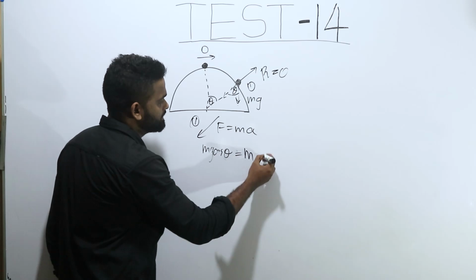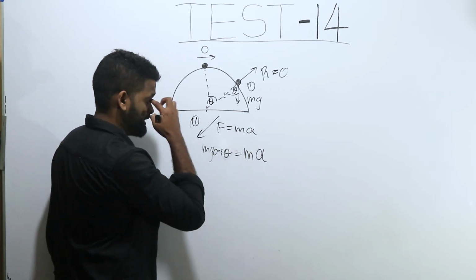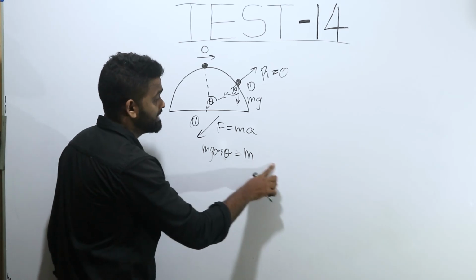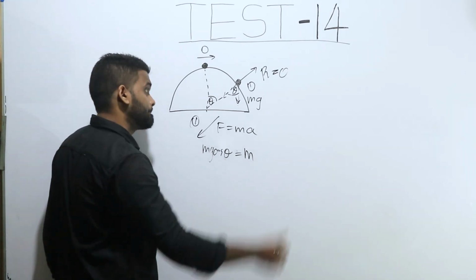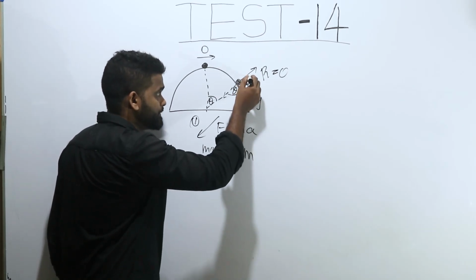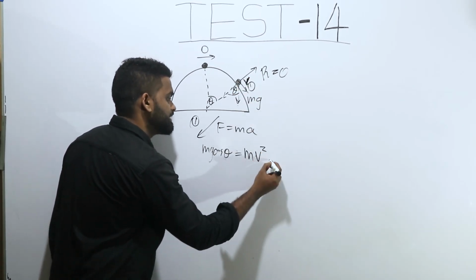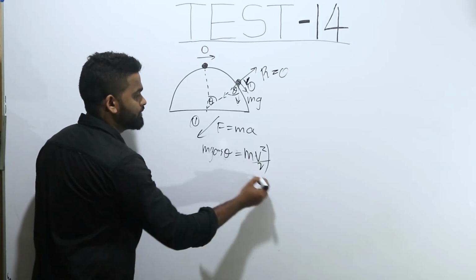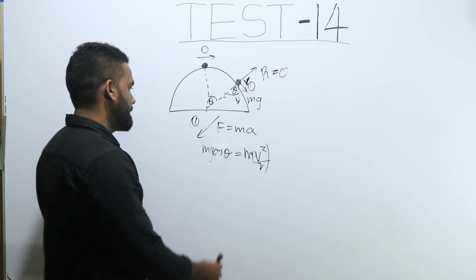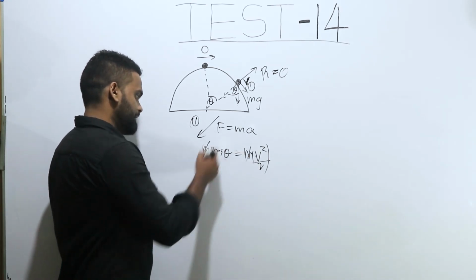Then the mass, I will say acceleration. Acceleration is actually centripetal acceleration. Let's say the velocity at this moment is v. Then I can write centripetal acceleration as v squared over r. So then m cancels off.